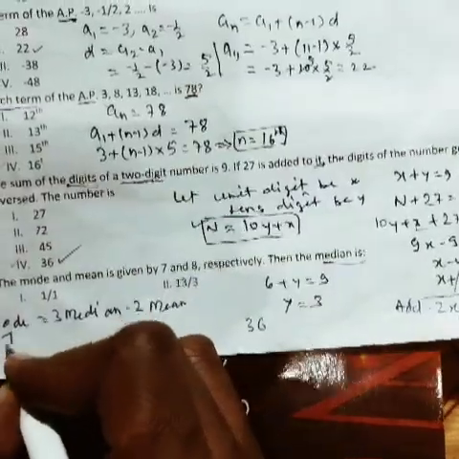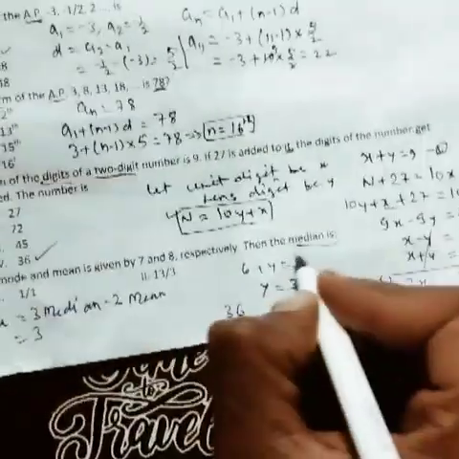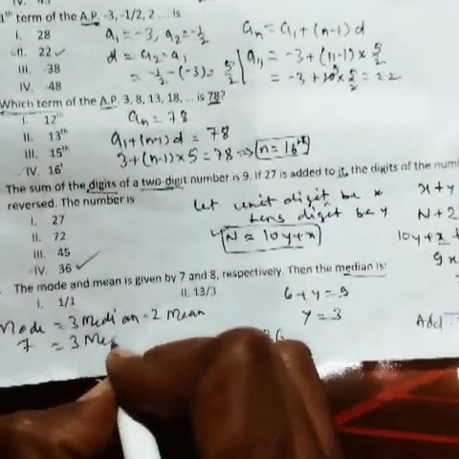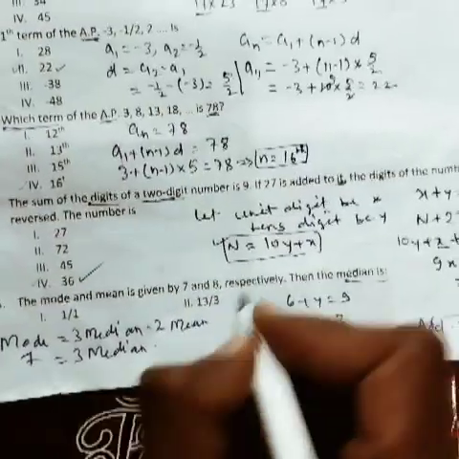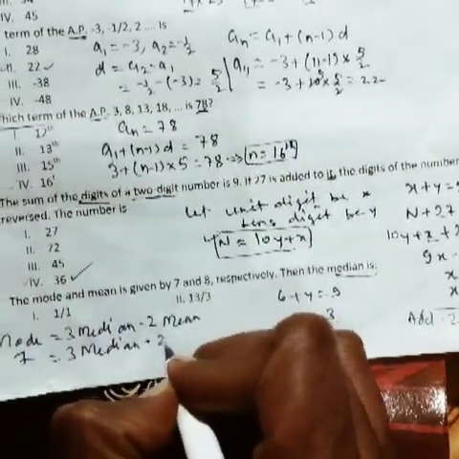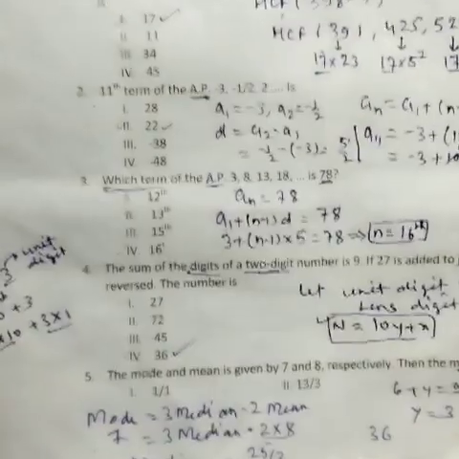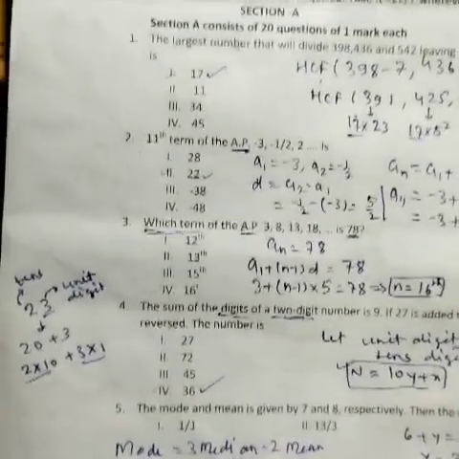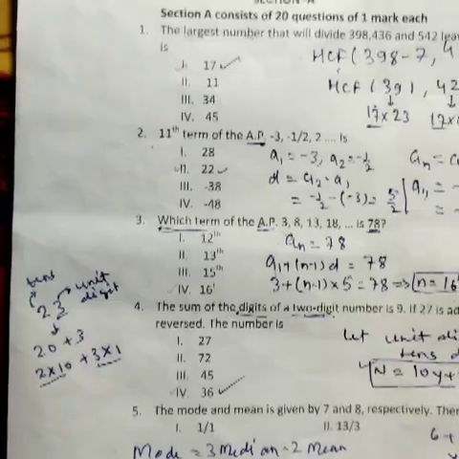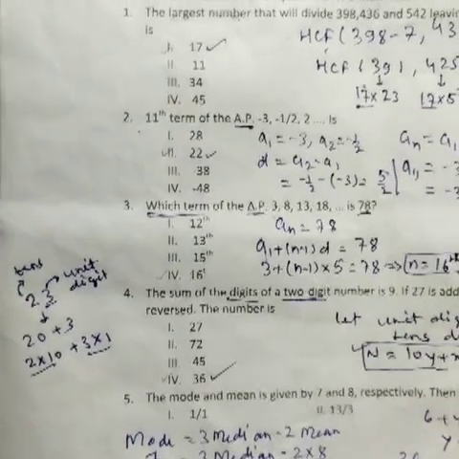Mode is given as 7, and 3 into median we have to find out the median. 7 equals 3 median minus 2 into 8. The 2 eights, 16, gets transferred. Now 3 median will be 16 plus 7, it will be 23. The answer will be 23 by 3.